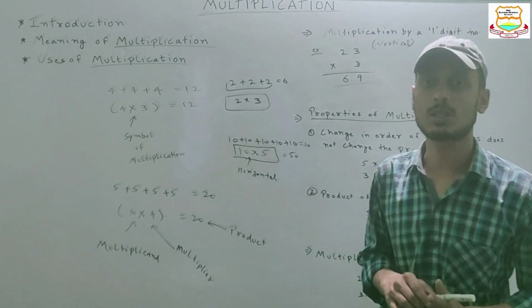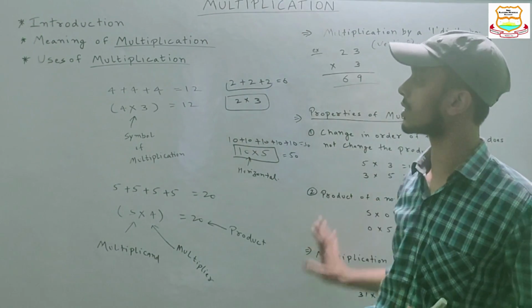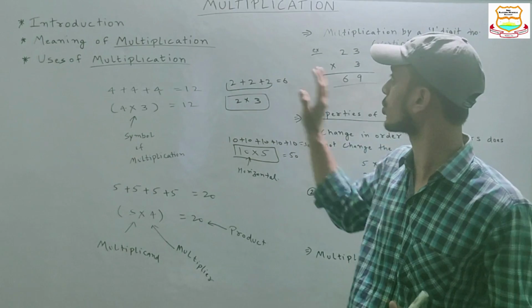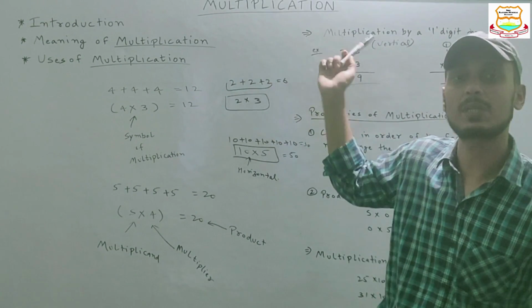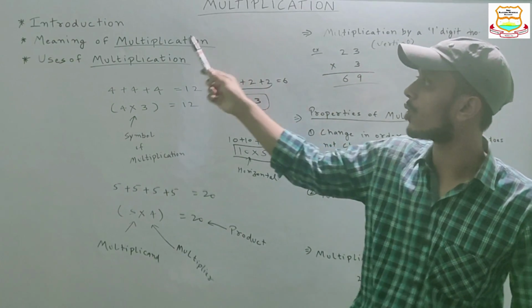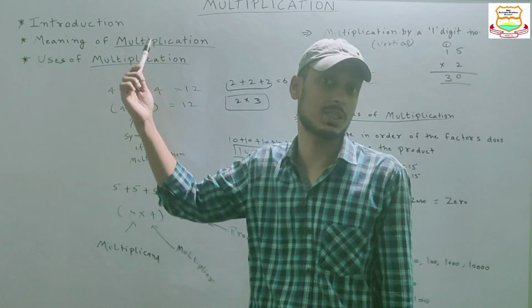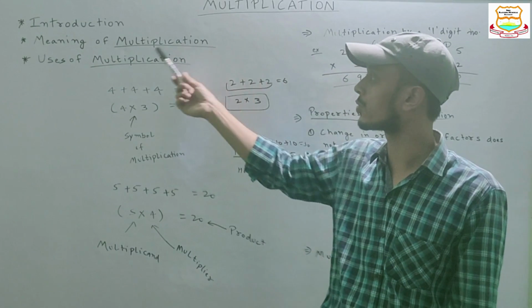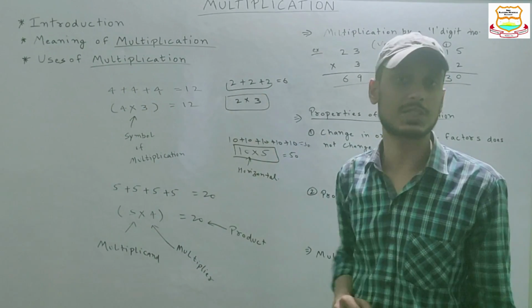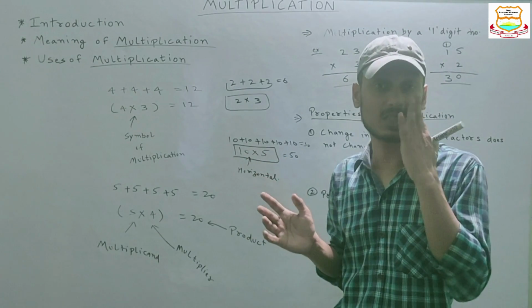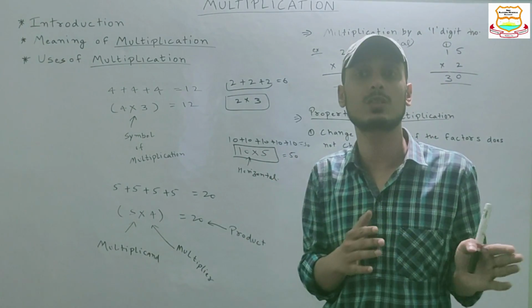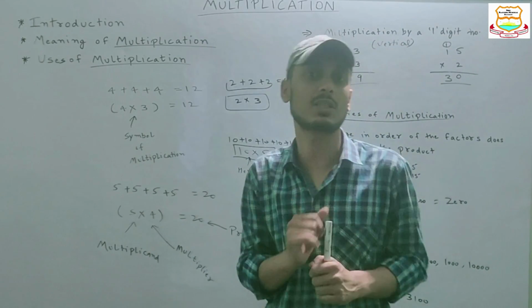Before ending the chapter, let us quickly revise what we have learned so far. We started the chapter multiplication. We saw the introduction about multiplication. We also learned the meaning of multiplication. Multiplication is nothing but a special type of addition.